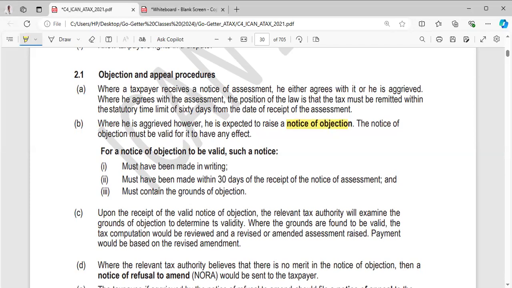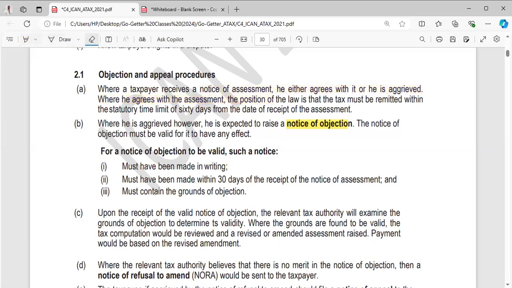So you object to the assessment given to you. Now, how do you raise the notice of objection? What is a valid notice of objection? They gave you a notice of assessment, yes, and you are not happy with it. What is a valid notice of objection?